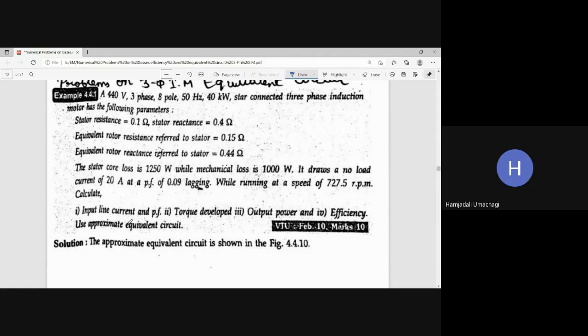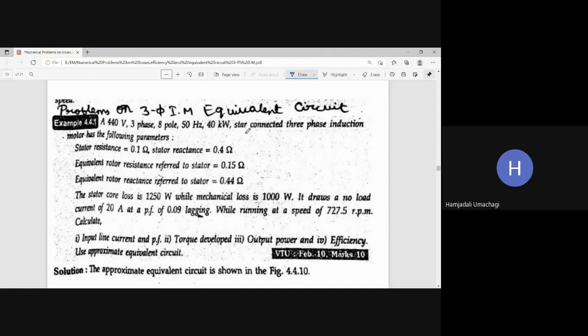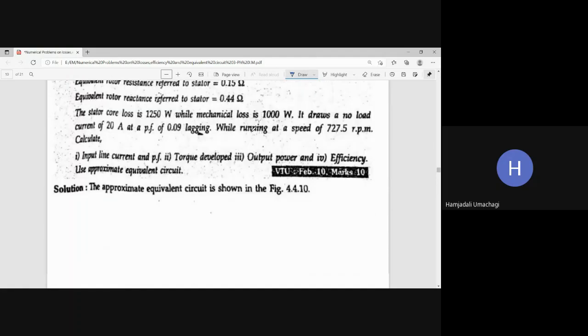Use the approximate equivalent circuit; this is the hint given to solve this problem. This is also one of the important VTU problems which is asked for 10 marks, and it is based on the equivalent circuit of a three-phase induction motor. Now let us see the solution part for this.